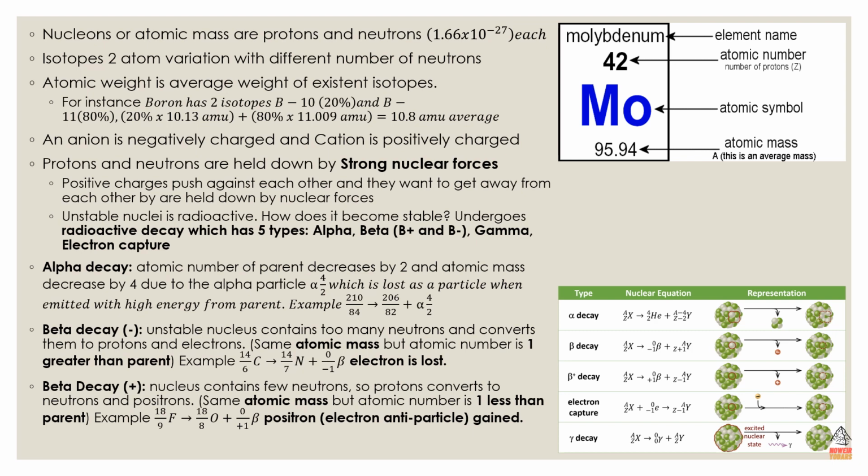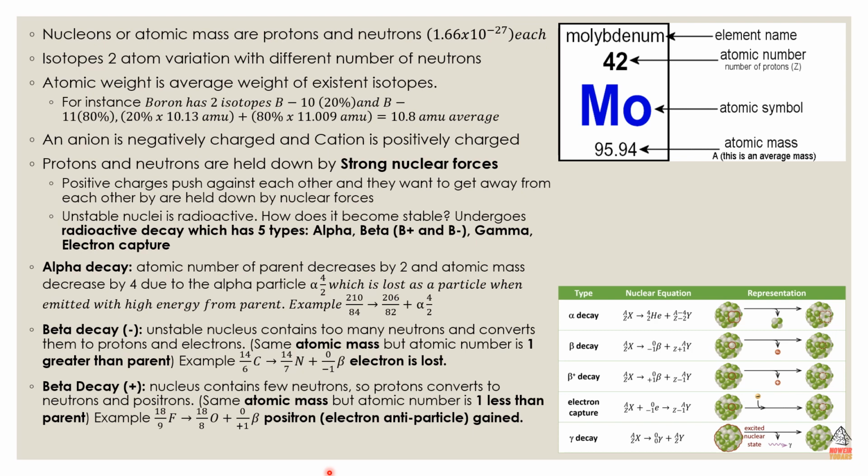So let's say you have carbon 12, or like, sorry, no. Let's say you have a 210. So a 210 is an element, and not sure which element it is right now.